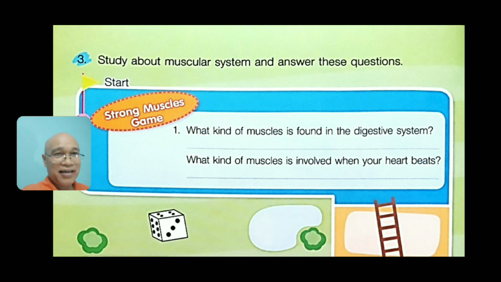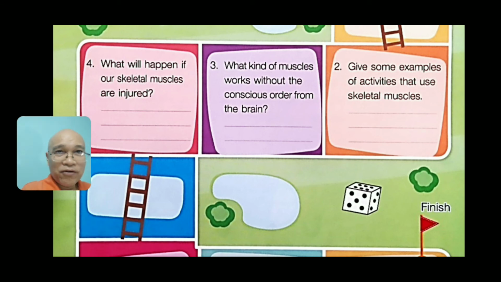Number 2, give some examples of activities that use skeletal muscles, the muscles of your skeleton, your bones. You write in there. And then number 3, what kind of muscles work without the conscious order from the brain, muscles that work without the brain telling them all the time, involuntary? What kind of muscles are they? And what will happen if your skeletal muscles are injured? All right, go over the lesson and go to the next one.